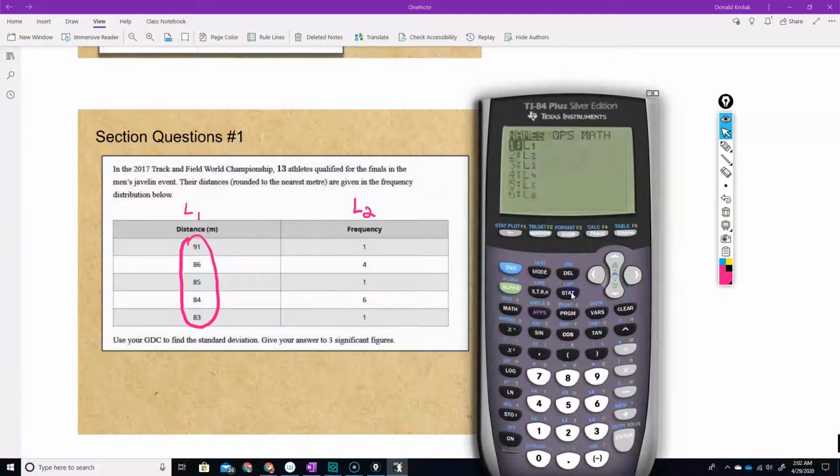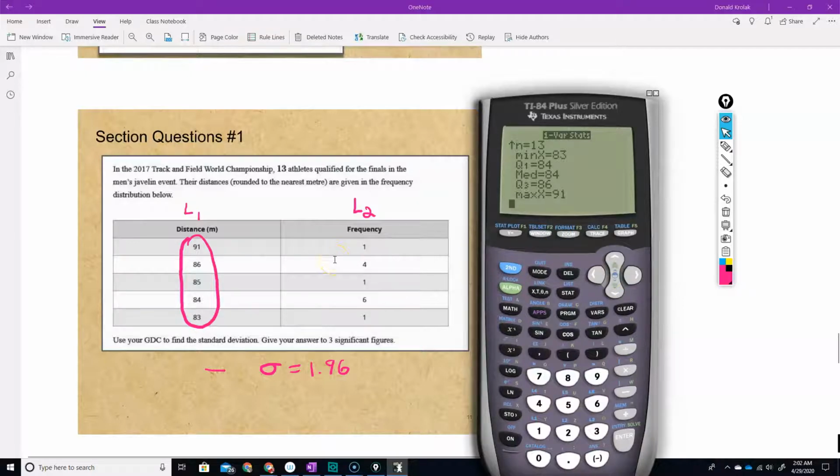So second list 2, and then calculate. And there's my standard deviation. So it says round it to 3 significant figures. So in this case, my standard deviation is going to equal 1.96. And if we needed any more information, the 5-number summary, there it is.